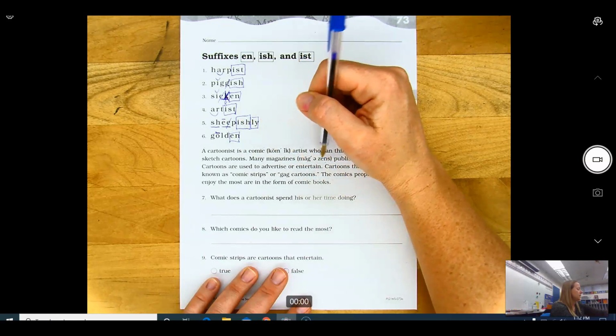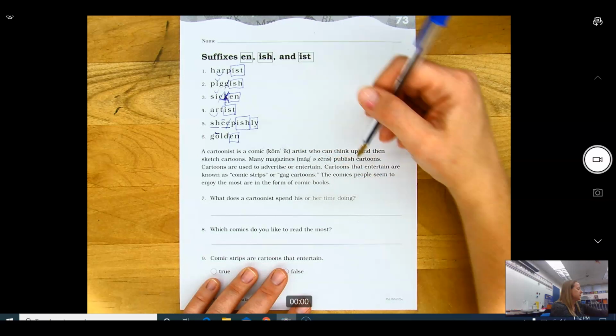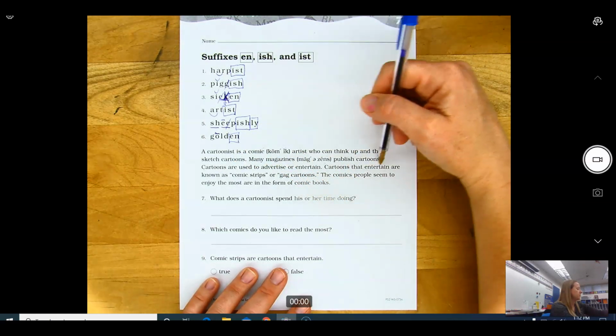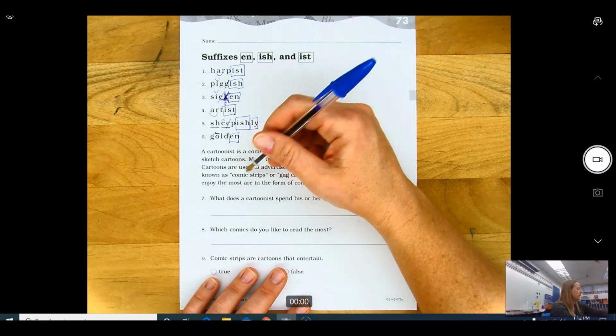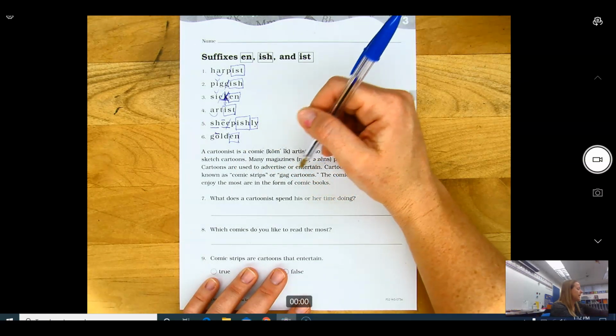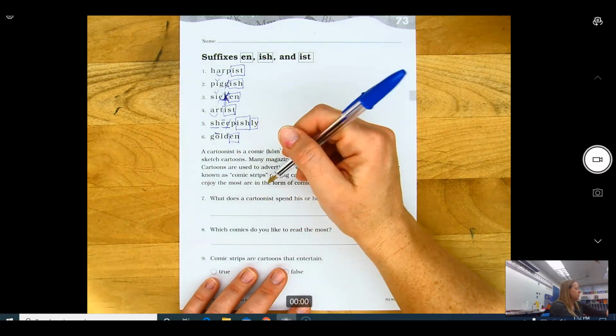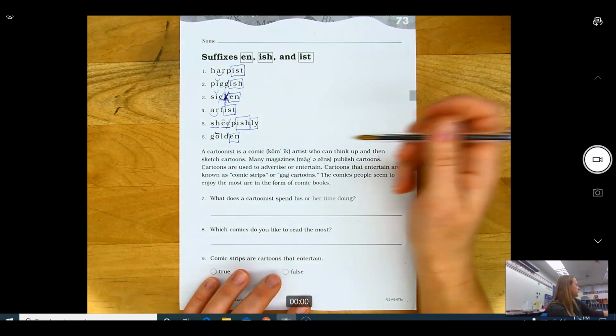Many, once again, magazines publish cartoons. Cartoons are used to advertise or entertain. Cartoons that entertain are known as comic strips or gag cartoons. The comics people seem to enjoy the most are in the form of comic books.